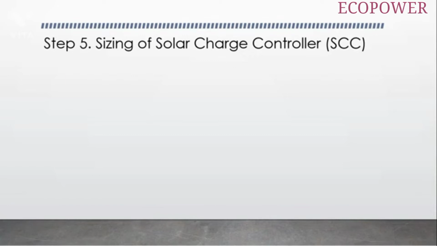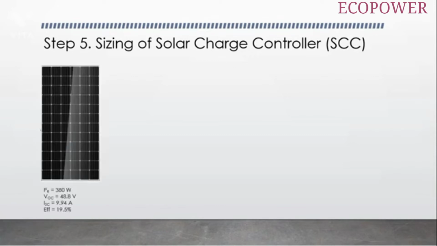Step number 5, that will be sizing the solar charge controller, or SCC. In step number 2, we chose a 380 watt solar panel with an open circuit voltage of 48.8 volts and a short circuit current of 9.94 amps.